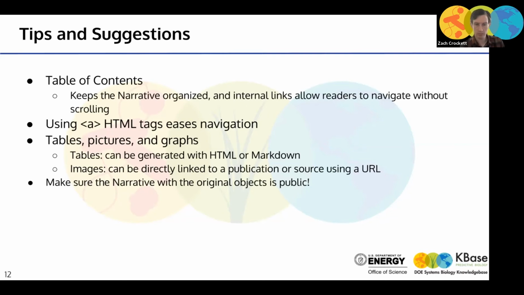Sometimes you can link directly to the image in the publication. And tables can generally be created pretty easily, and I'll show one in a narrative later in this webinar. They're pretty easy to generate, and they keep the information well organized in your markdown cells.